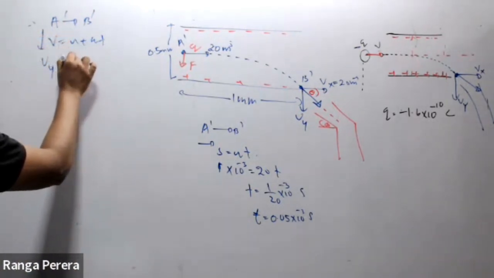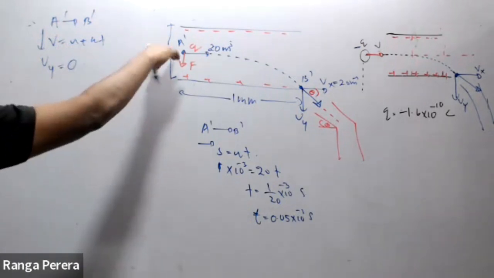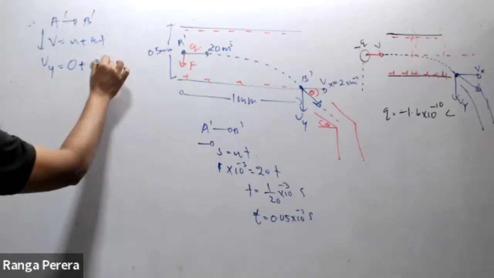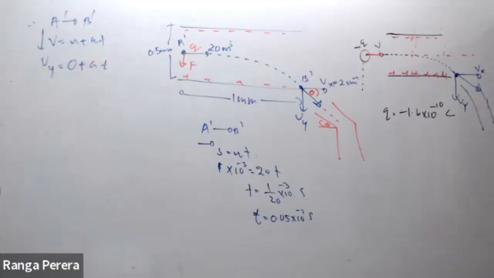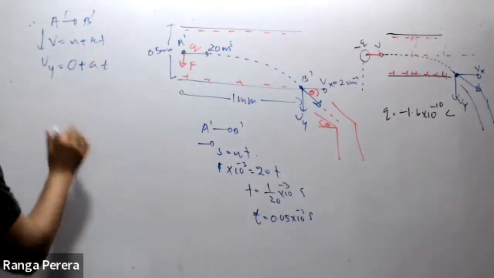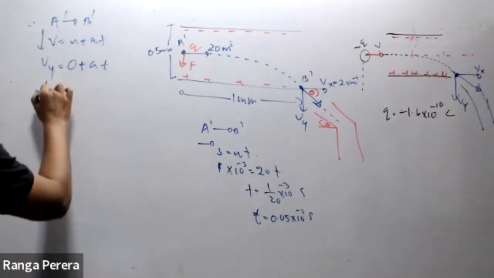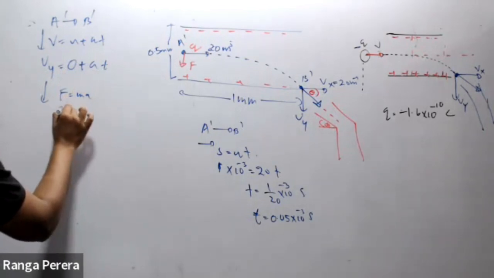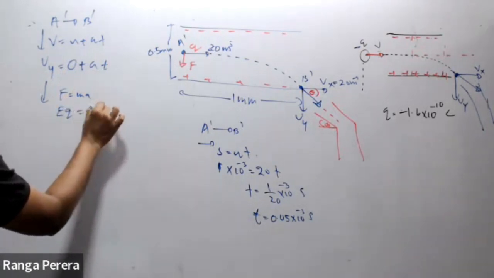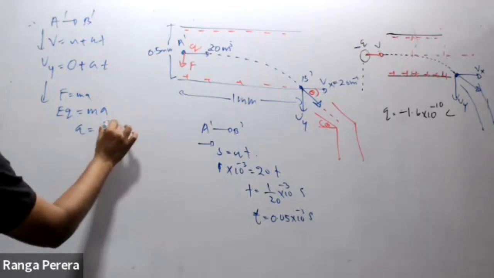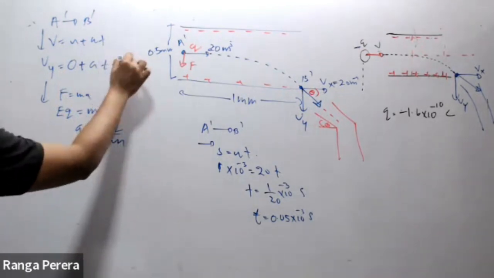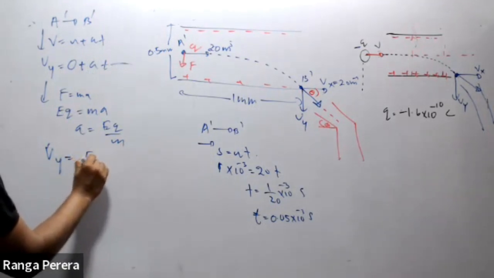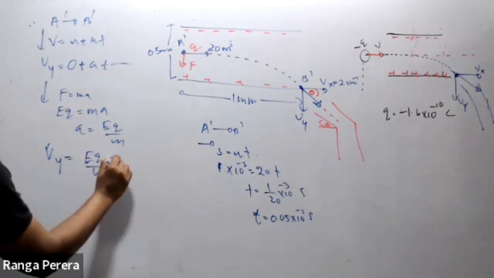Vy equals, started from 0 velocity vertically, acceleration into time. We know the time, but we have to find the acceleration in the downward direction. F equal ma, so EQ equals mass into acceleration, acceleration equals EQ divided by m. From there we can get Vy equal to EQ divided by m into t.